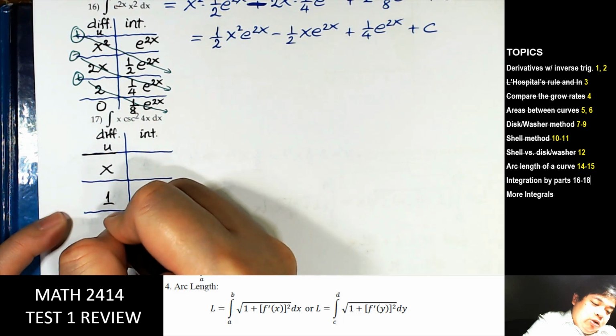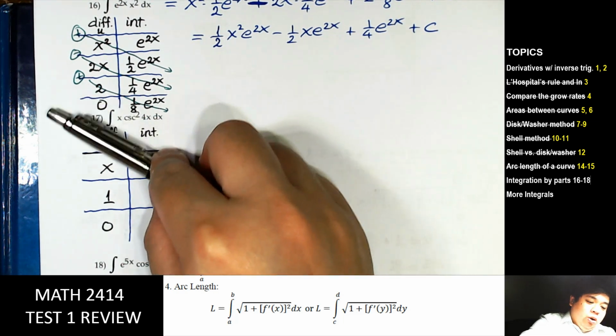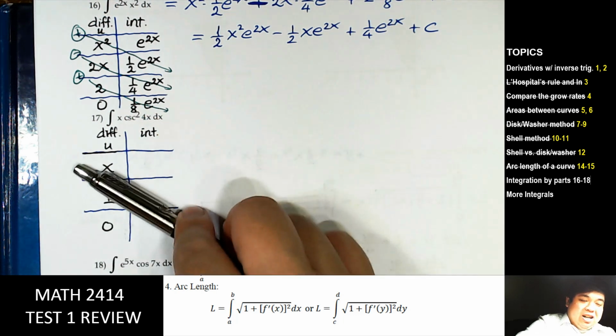The derivative of x is 1, the derivative of 1 is 0. So all the diagonals after 0 are going to be 0. So we don't need anything after this.